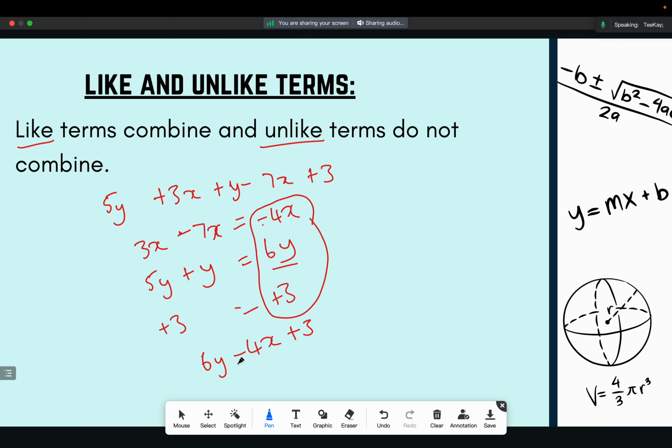Okay, so you can write this in any order. Any order, it doesn't have a rule. But I just choose this because I think it's neat to put a subtraction sign after the first term. Okay, and that is our expression.